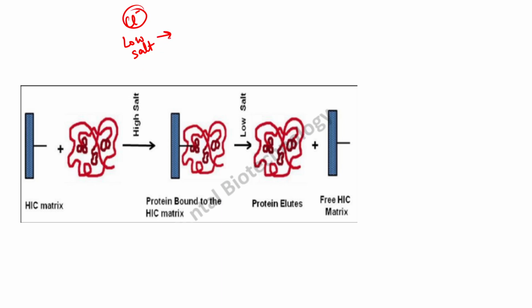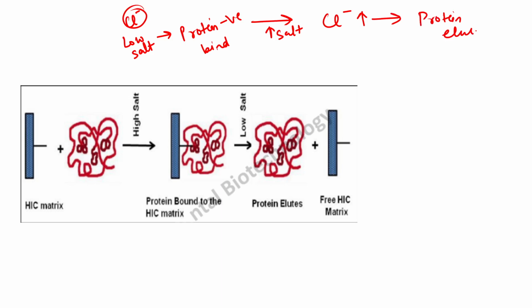At a low salt concentration, negatively charged proteins will bind. And then when I slowly increase the salt concentration, what will happen? Chloride ions will increase in concentration and thus the protein will elute.